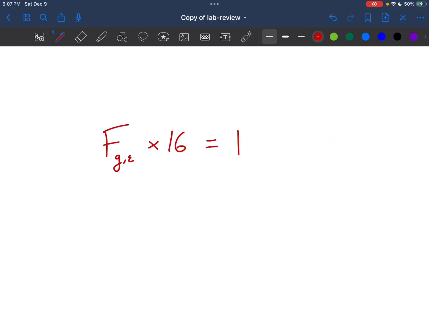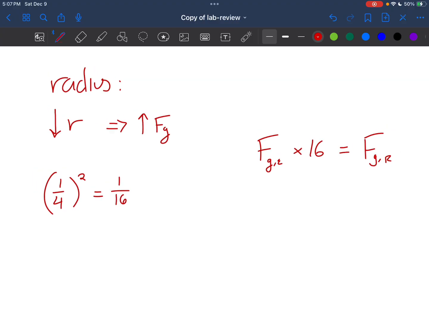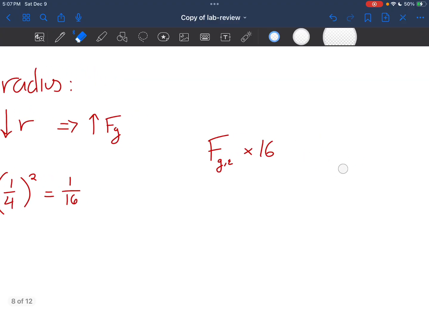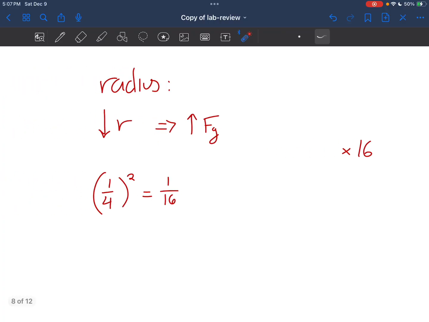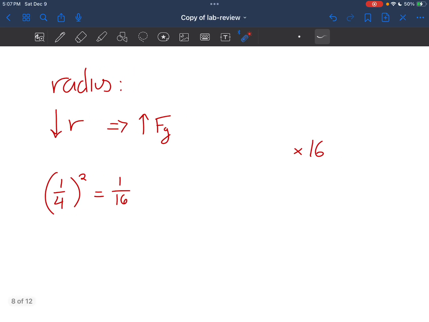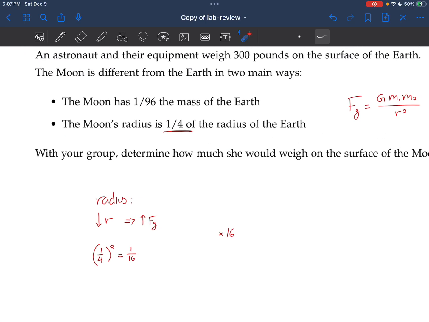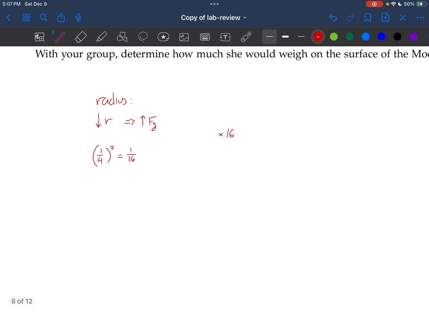And that's going to be my new force of gravity from the change in the radius. Either way, moral of the story is we're taking our force of gravity. If I were to just decrease the radius by 1/4, I'm going to end up with 16 times the gravity. Right? All right, so we got step 1.